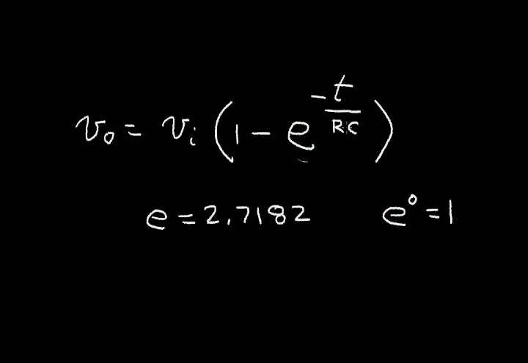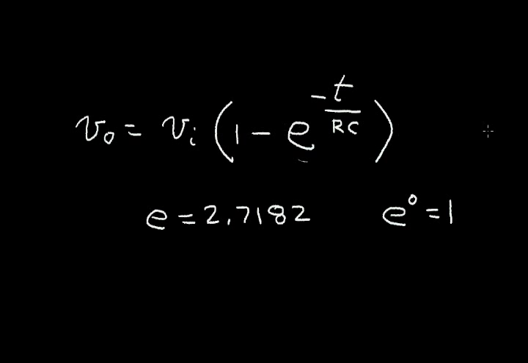So at time t equals 0, this equation seems to work. As the time becomes very, very long, this e term approaches 0, and so the output voltage in that case approaches VI. So that seems to work. If we look at t equals 0 and t very long, this equation seems to work.